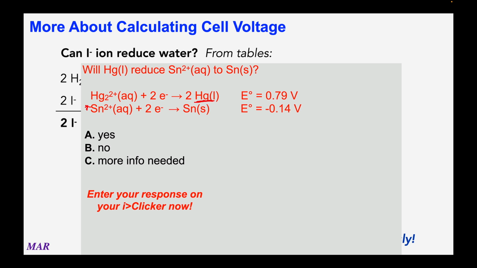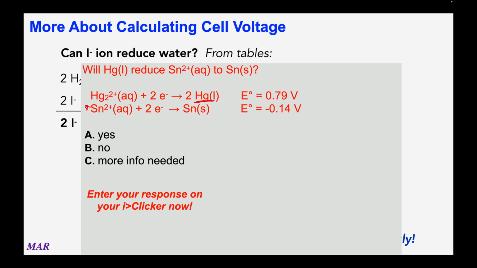So in order to answer this question, we need to flip that reaction around. We want the 2 mercury liquid to be reactant and the Hg2 2 plus ion and 2 electrons to be products. And when you flip a reaction, you change the sign. So positive 0.79 volts will become a minus 0.79 volts.